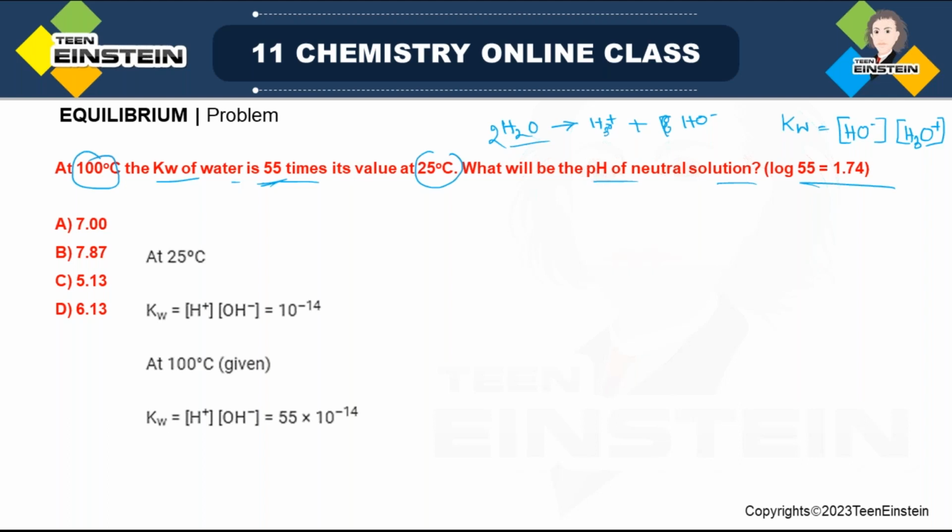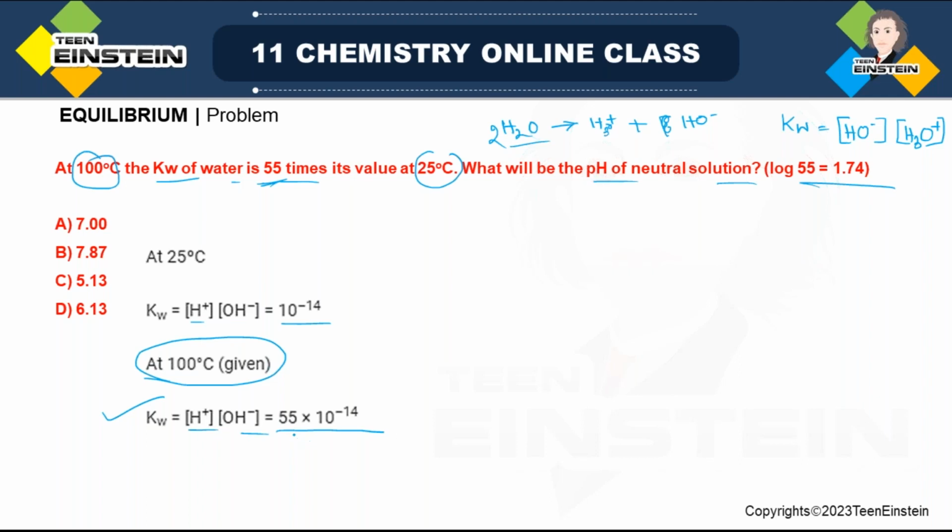So at 25 degrees centigrade, Kw is equal to H+ concentration times HO- concentration, the ionic product. You can also write H3O+, it doesn't matter. This value is 10 to the power minus 14. When you have increased the temperature, the value is 55 times high, and this information is already given in the problem. As these two are present in equal concentration, how do you get H+ concentration?